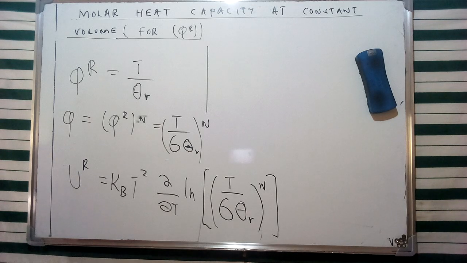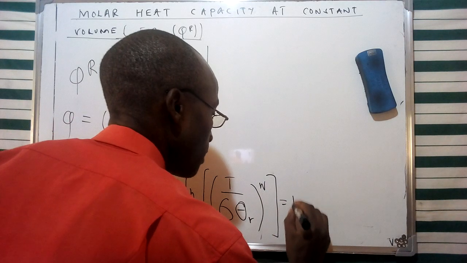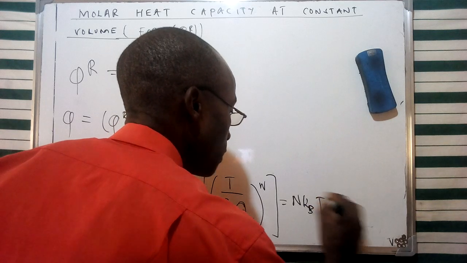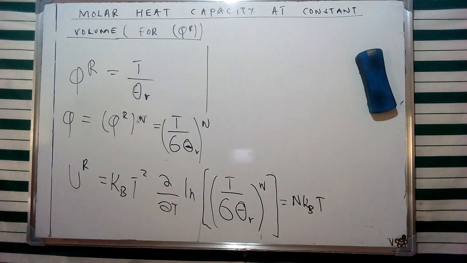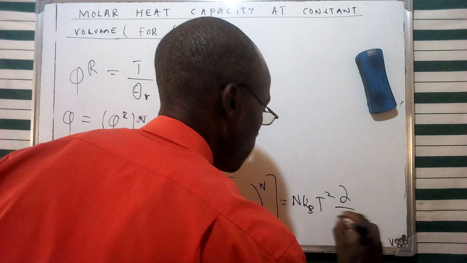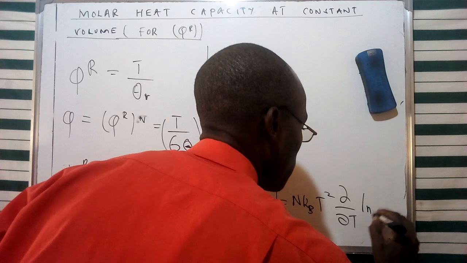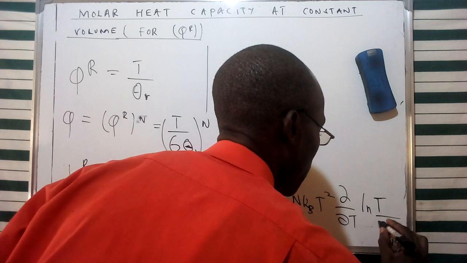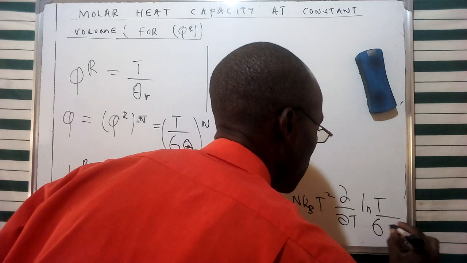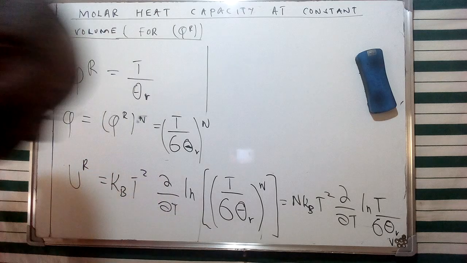Now this formula is going to reduce into a form whereby it is represented as nkBT, with the partial derivative with respect to temperature of the natural log of T over the symmetry number, and then the rotational temperature given as such.